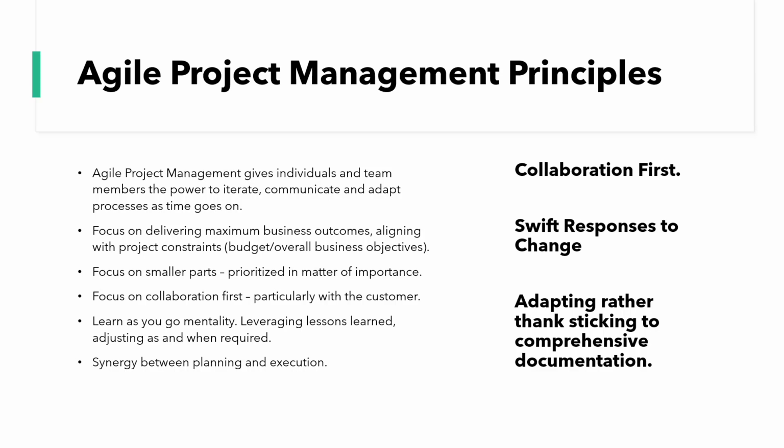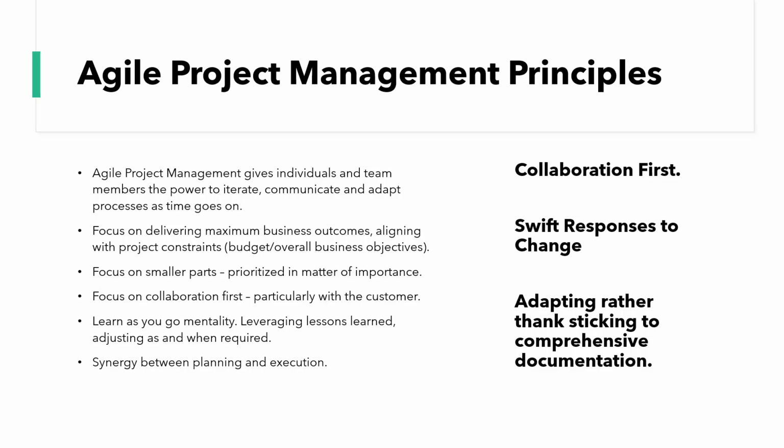And you can see that on the right hand side, swift responses to change. That's key to Agile Project Management. There is a focus on smaller parts that are prioritized in a matter of importance. And as I've already suggested, collaboration is key, particularly with the customer.